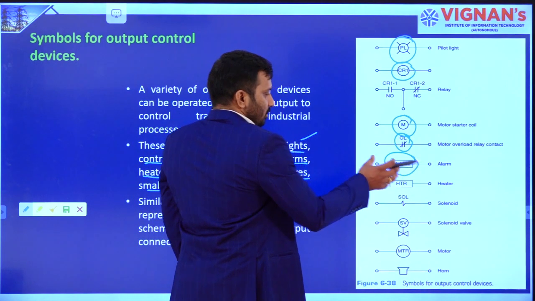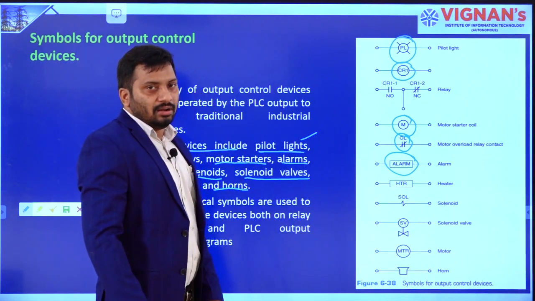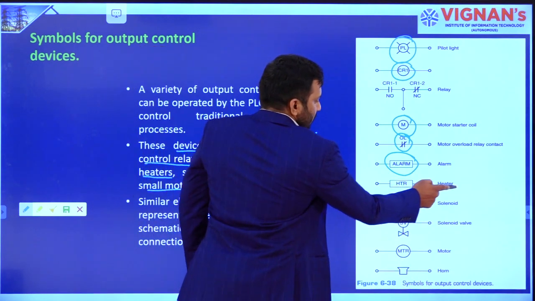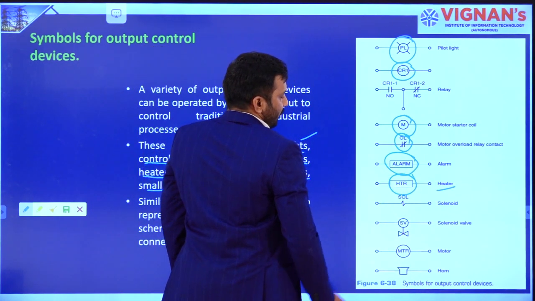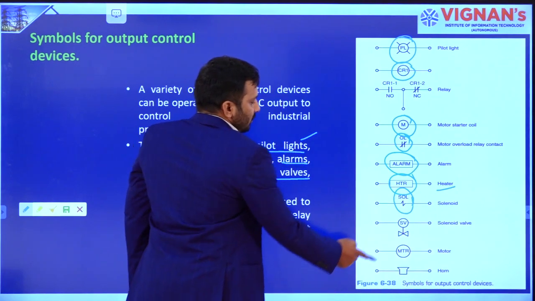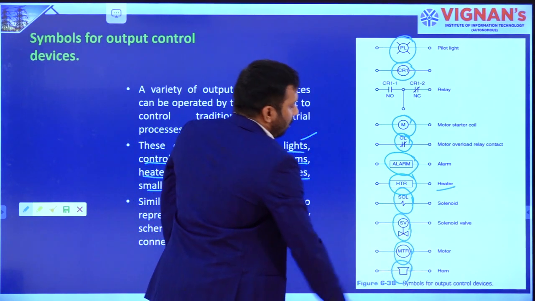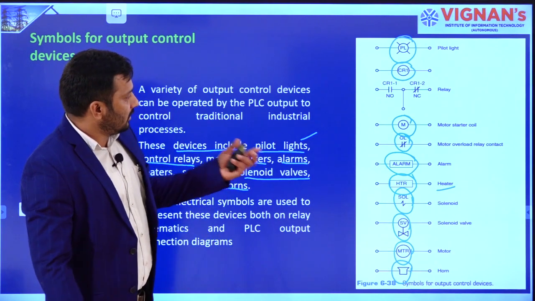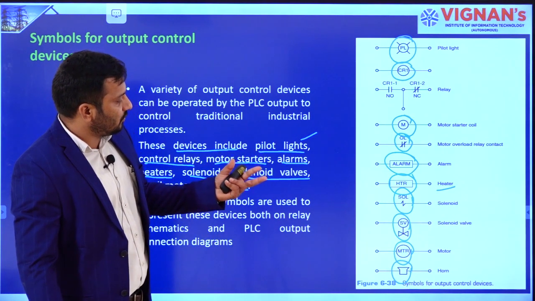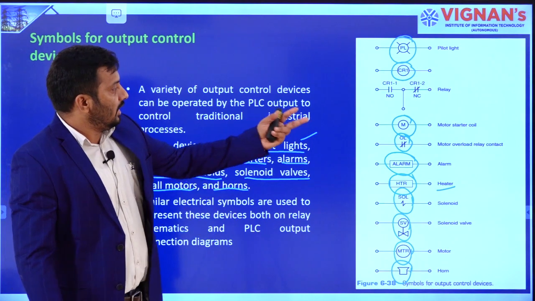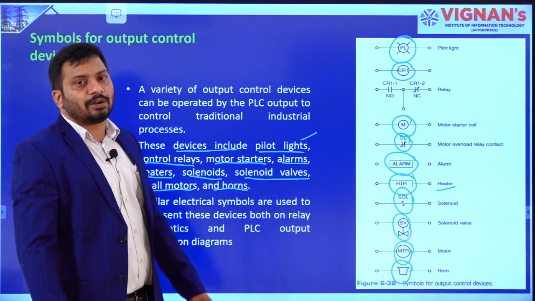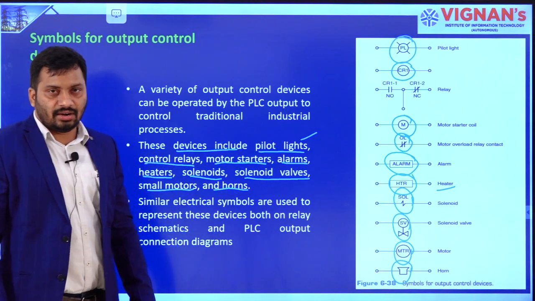This is the graphical representation of the particular element. Here is the heater element symbol. This is the solenoid valve symbol, right. This is the motor symbol. This is the horn symbol, right. Like that, these are the representations of the particular output devices in industries, right.